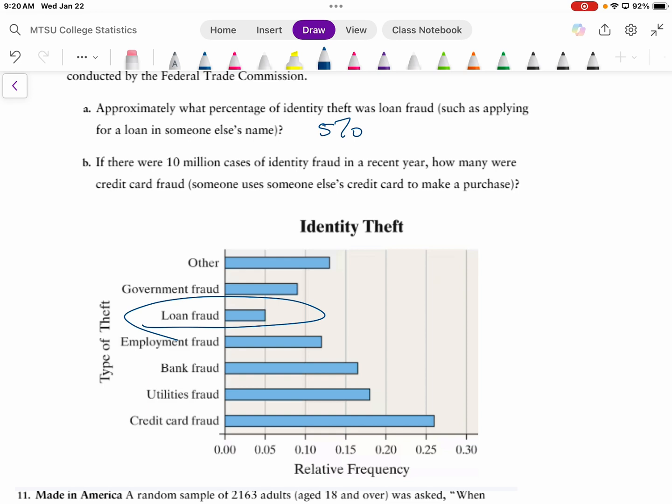What, about 2.6 million? 2.6 million. Again, all I did was say that was roughly about 26%. So 0.26, I times it by 10, so I can just move the decimal over one.